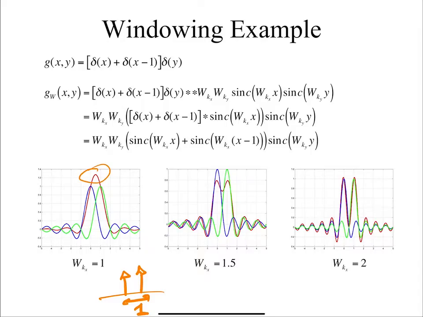The moment I move away from that, say 1 over WKX is equal to 1, these are now spaced 1 over 1.5, so that's less than 1. As the width of those sinc functions decreases, I can start differentiating these two points from each other. So WKX equaling the resolution is right at the limit where you can't distinguish two points from each other. So we're going to use that as our resolution limit.